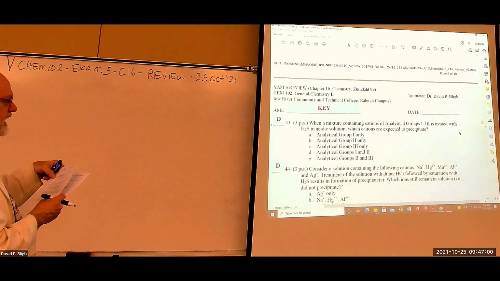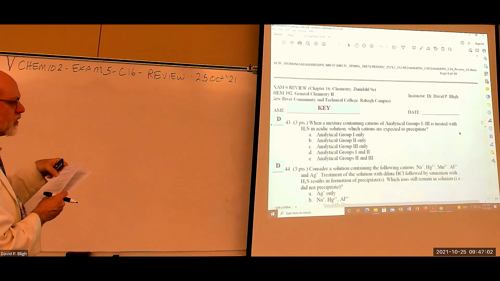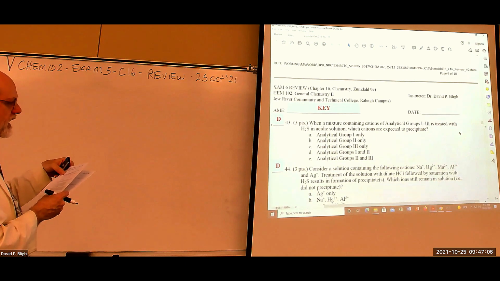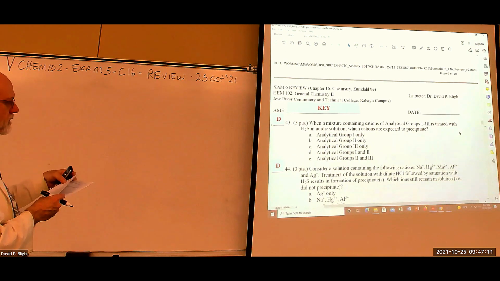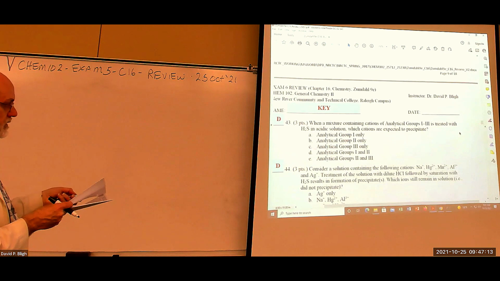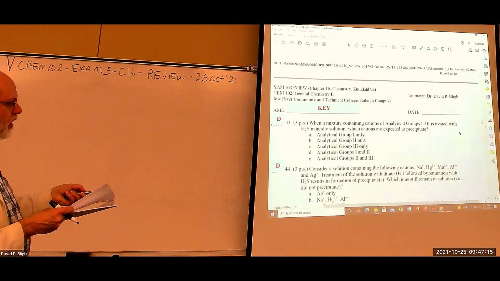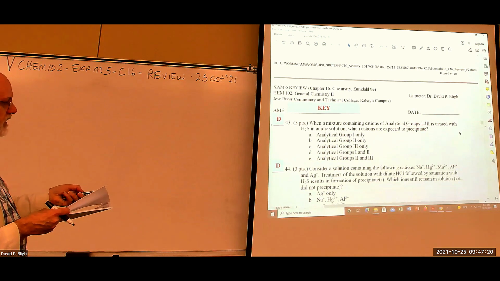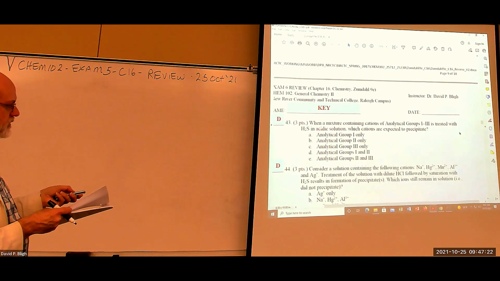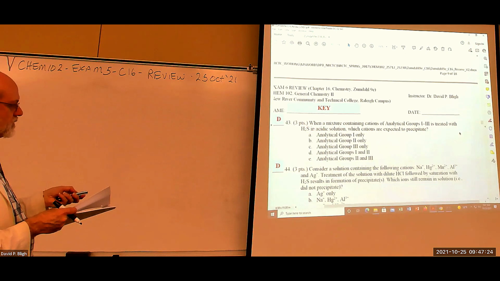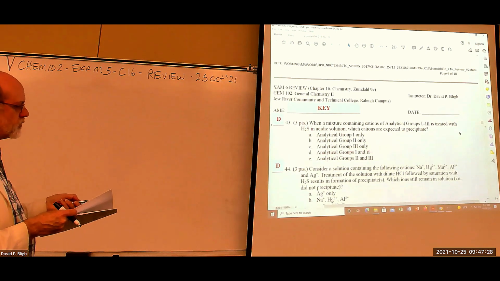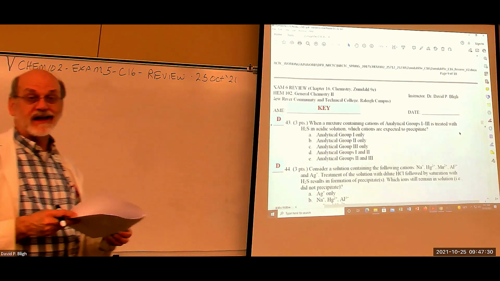When a mixture containing cations of analytical groups 1 through 3 is treated with H2S in acidic solution, which cations are expected to precipitate? Group 2, group 1 and 2. If you're treating all 3 groups together, and the solution is acidic with H2S, then you're going to get the first 2 groups pulled out at the same time.